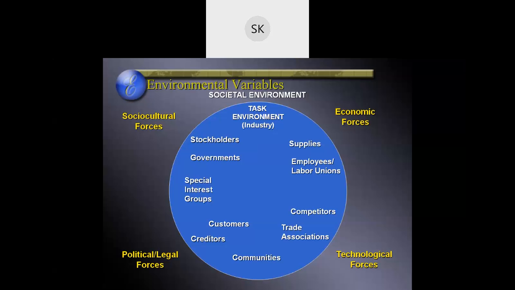The first is suppliers. You should get supplies for your business. Whatever business you are going to do, suppliers are needed for raw material. Even if you are running a hotel business, there are vegetables and some kitchen items.